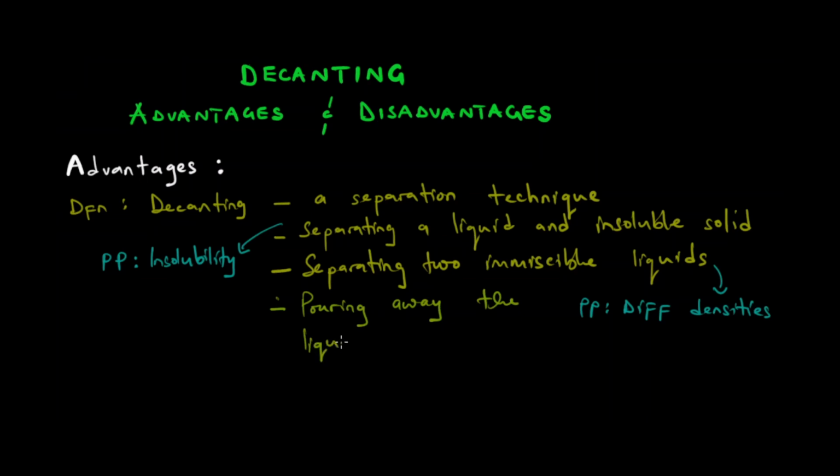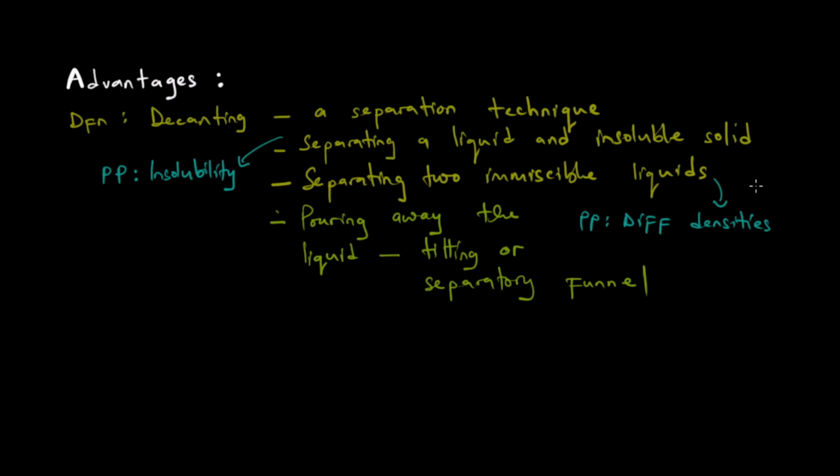But in our pouring, we will either use tilting at a 45-degree angle, or use a separatory funnel. So this is just a rough summary of decanting. So if we understand decanting, we can then quiz out the advantages and disadvantages of the same decanting. So let us go to the advantages.